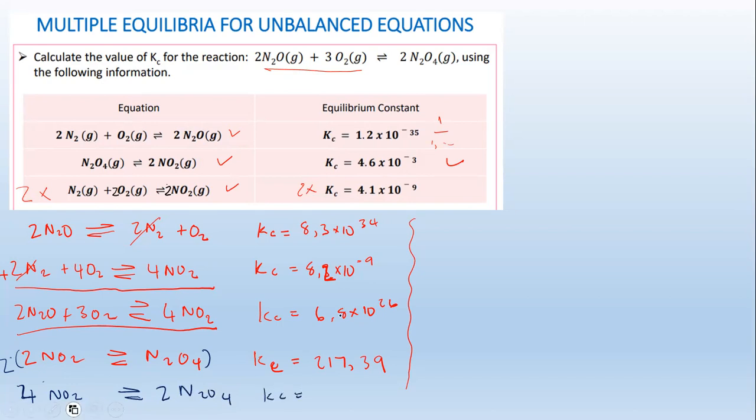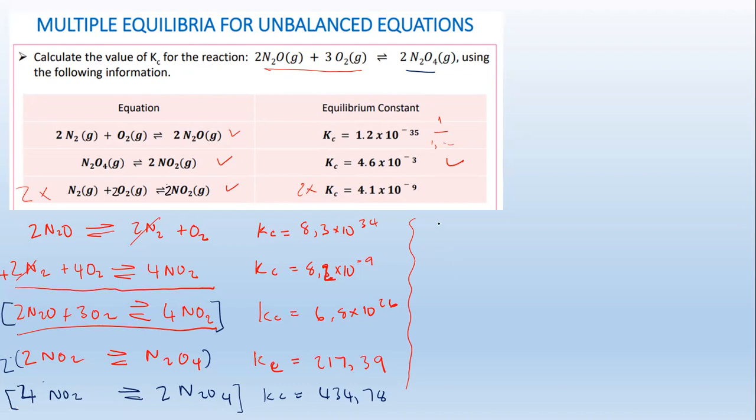I'm going to have to multiply the Kc value as well by 2, 217.39 multiplied by 2, and therefore I get 434.78. Now, this is what I'm looking for, 2N2O4, which is this. Now I can add this equation with this equation.